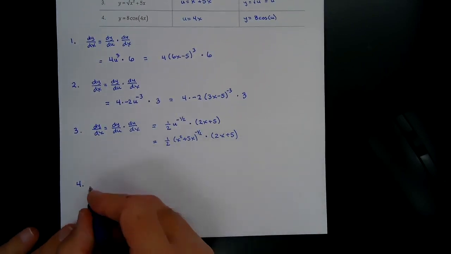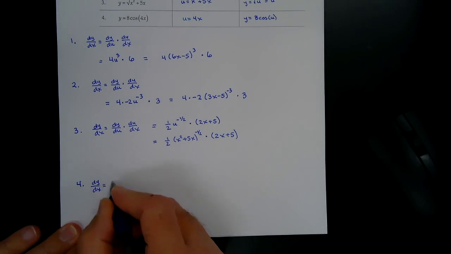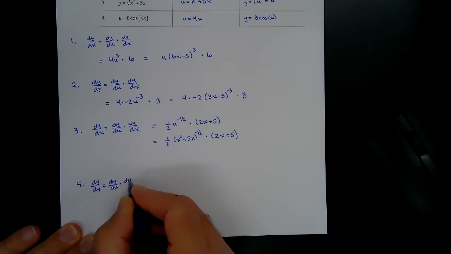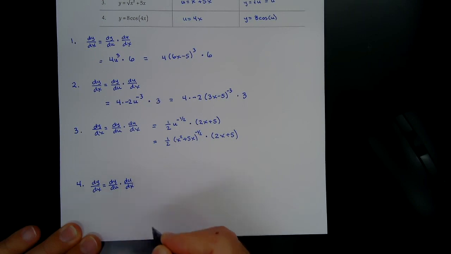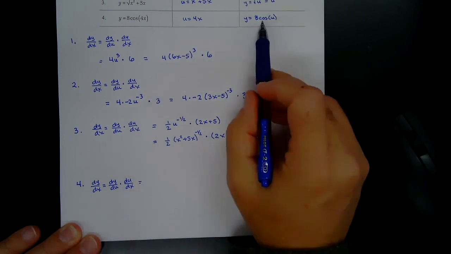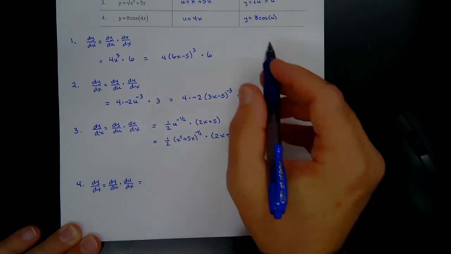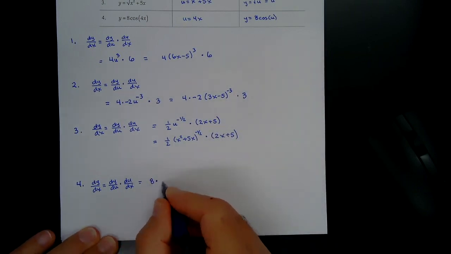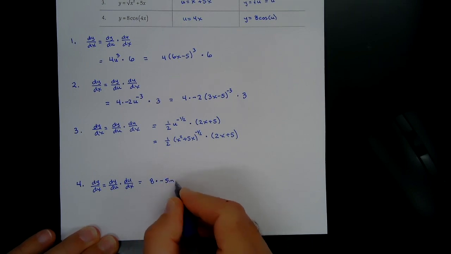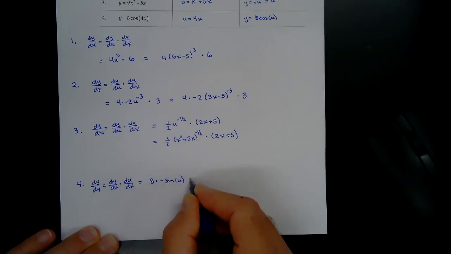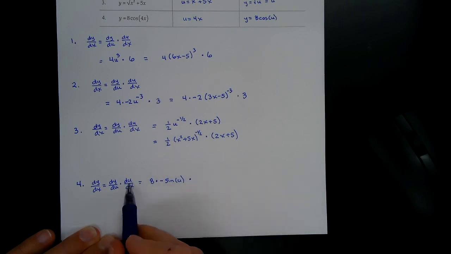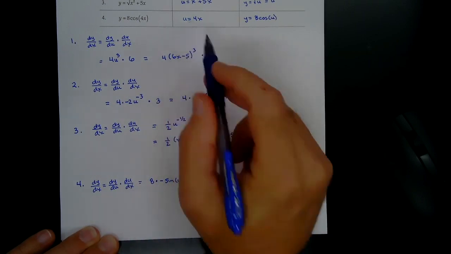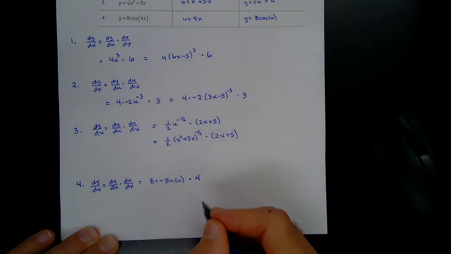All right, so dy over dx is equal to, again, that's the same as dy over du times du, the derivative of u, with respect to x. So dy over du becomes 8 times negative sine of u, and then we have to multiply that by the derivative of u with respect to x, so that'd be times 4, okay?